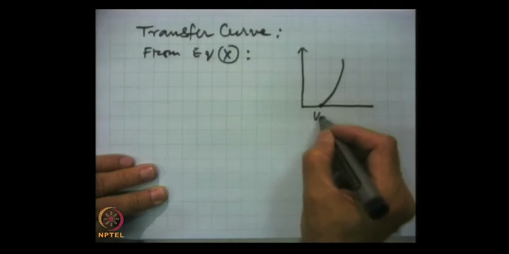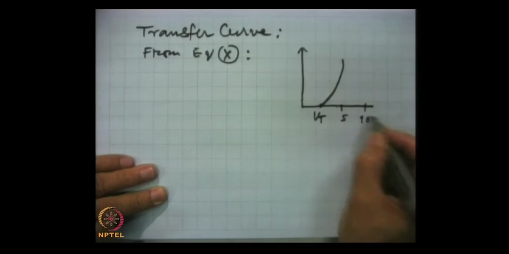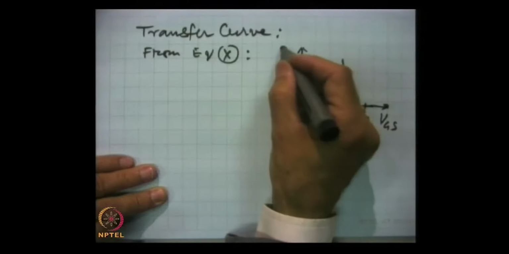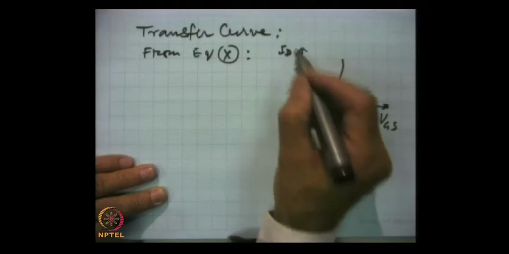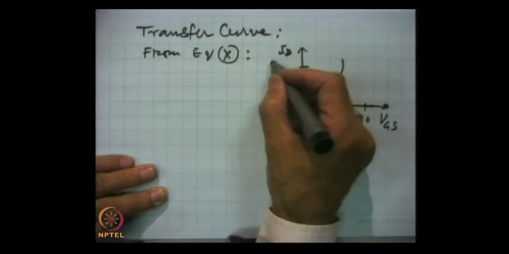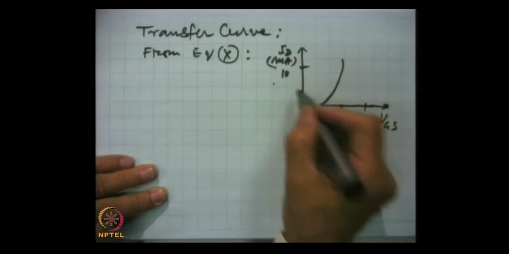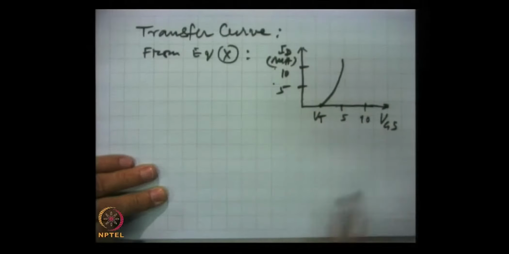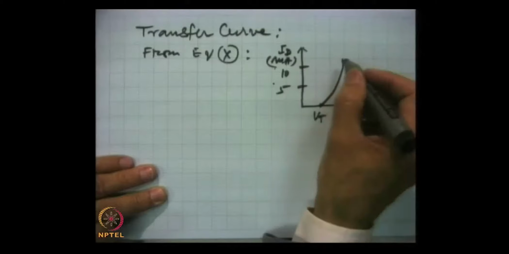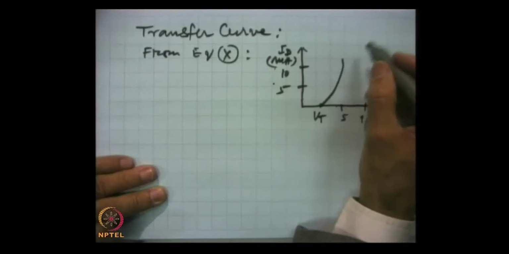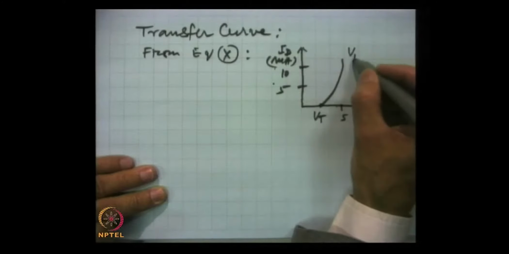This is VT, this is VGS, and this is ID in milliamperes, for example 10, 5 and so on. So, this is the transfer curve for constant VDS.